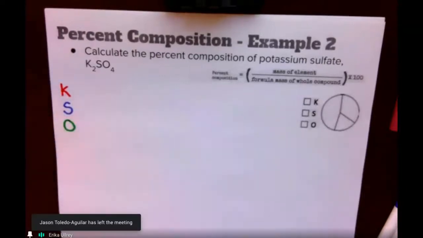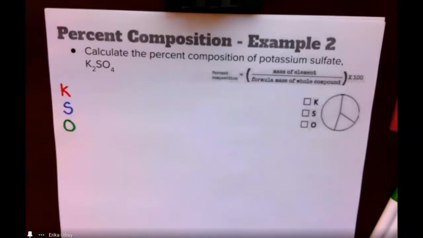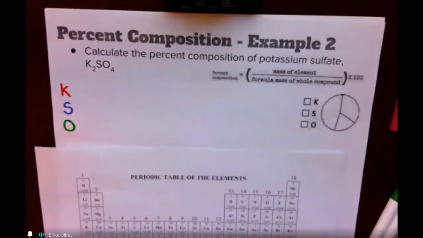Okay. So then what is the next step that we need to do? Nina, what's the next thing I should do? You have to get the mass off the periodic table. Yes, so we're going to go over to our periodic table and we're going to get the masses.